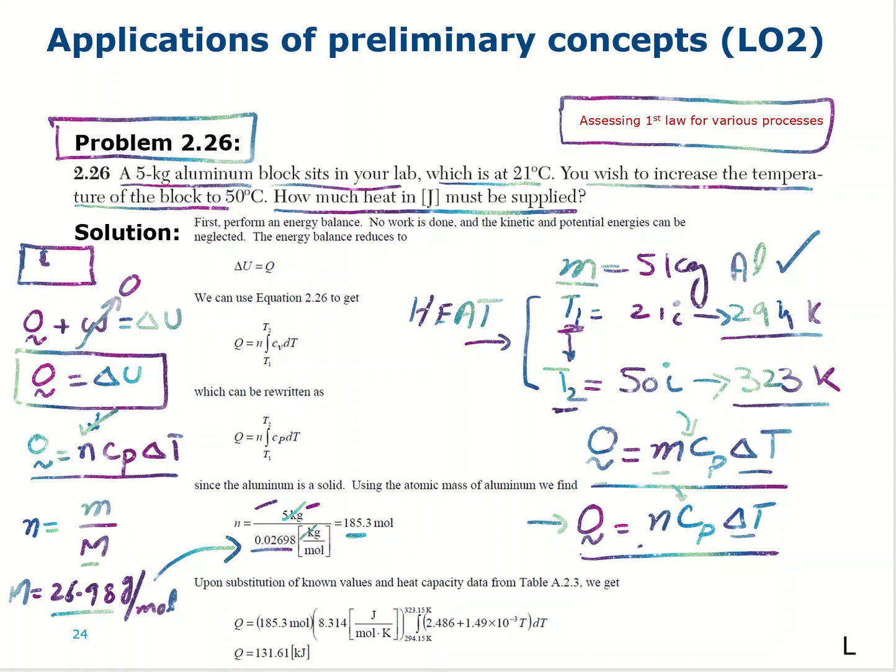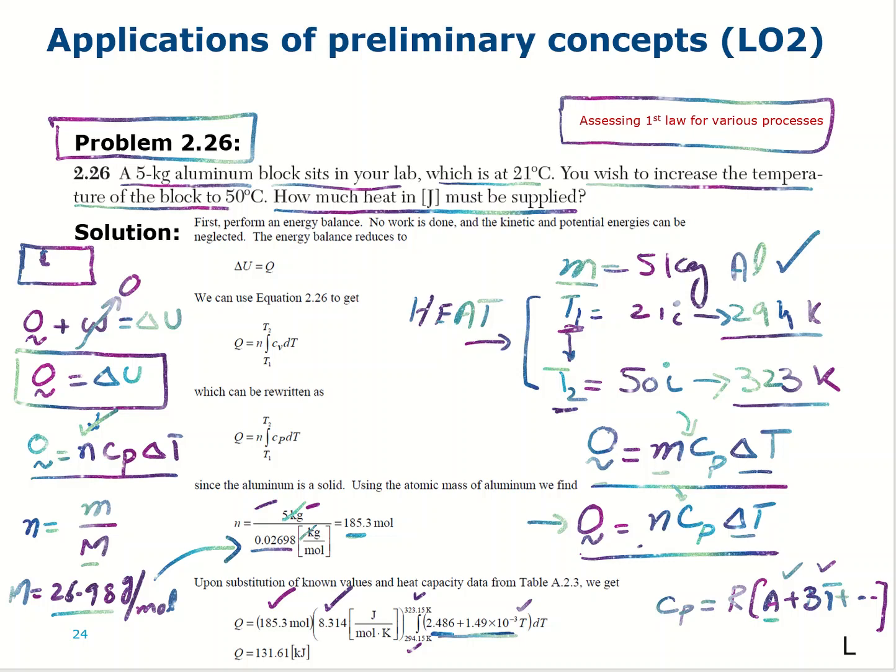Now Cp is normally written as R times A plus BT plus so on, right? Like this in different books. So this is n, this is R, this is A, the coefficient for calculating Cp. This is B, and this is temperature, and the temperature range is given as well. You will solve these numbers, and these A and B are normally given in the appendix. You can see your textbook, or you can also see your 205 book as well.